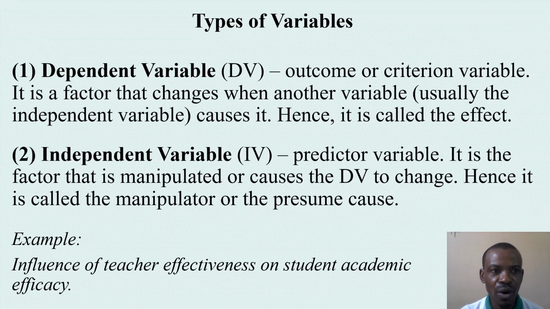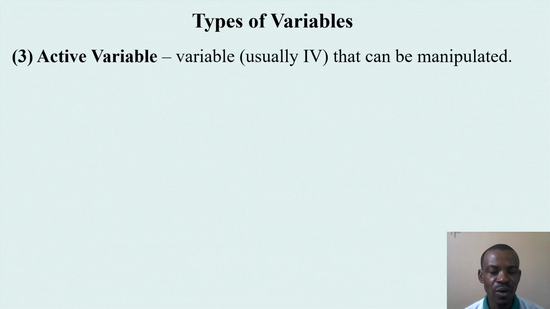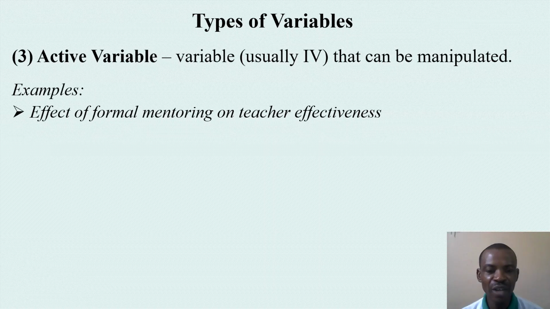So let's look into other types of variable. All right, the next type of variable we'll look at is the active variable. It is sometimes called a type of independent variable, and is a variable that can be manipulated. Using this example we have here, effects of formal mentoring on teacher effectiveness.